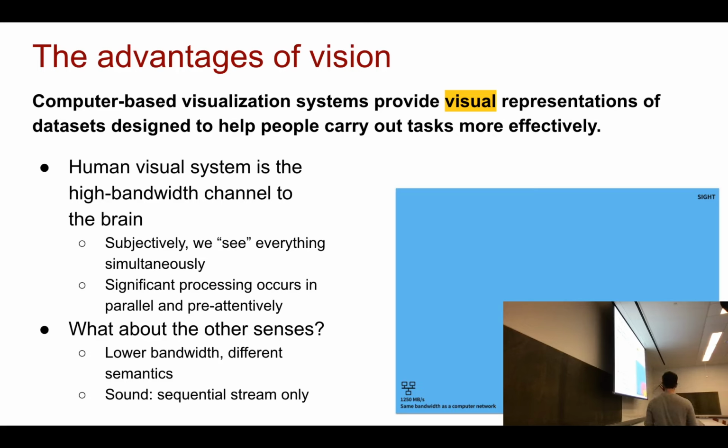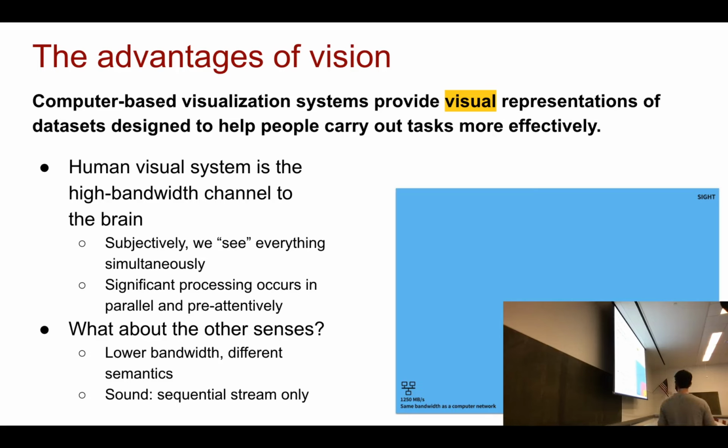Our other senses are not as good at these sorts of actions. They're much lower bandwidth. Sight is an order of magnitude larger than touch, which is an order of magnitude larger than hearing and smell, which is an order of magnitude larger than taste.